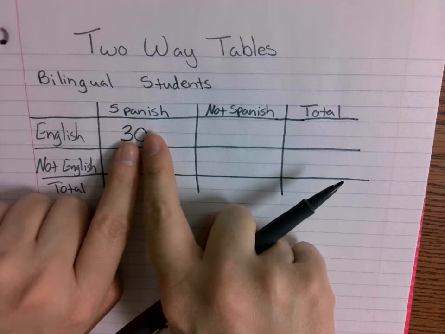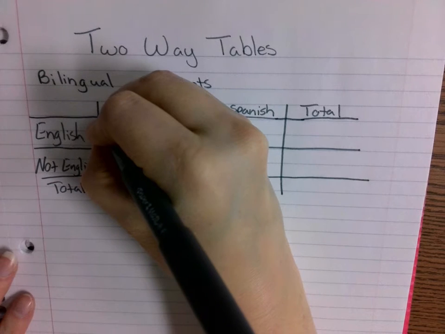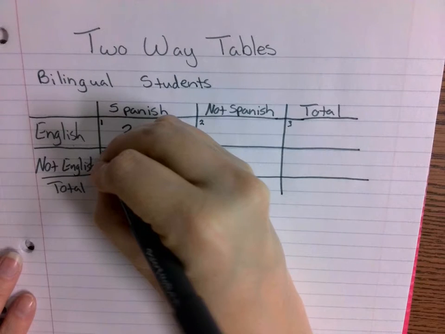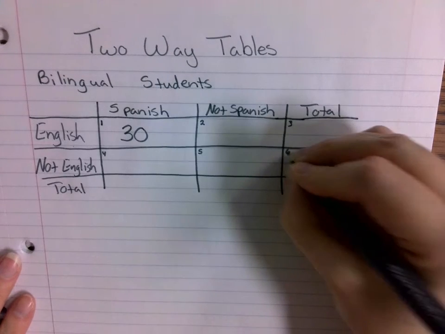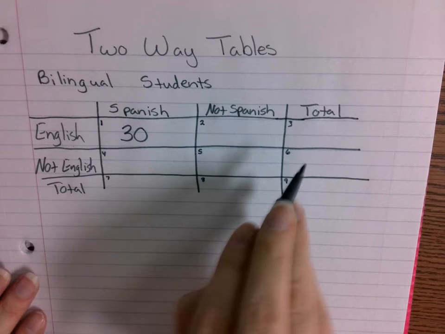Now, if I said that they speak no English and no Spanish, which box is it going to go in? I'm going to go ahead and put a little number in each box: 1, 2, 3, 4, 5, 6, 7, 8, and 9. So I have 9 little boxes here. I want you to think about it.